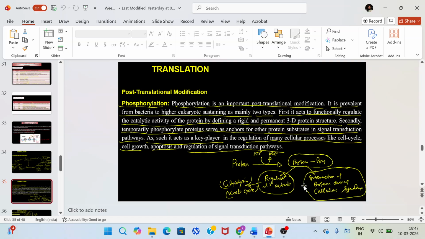The phosphorylation was somehow helping in the further processing in the cell cycle, so it was there to activate the protein. But in some cases, the phosphorylation can deactivate the protein also. So it goes both ways. Either it can activate the protein or it can deactivate the protein.